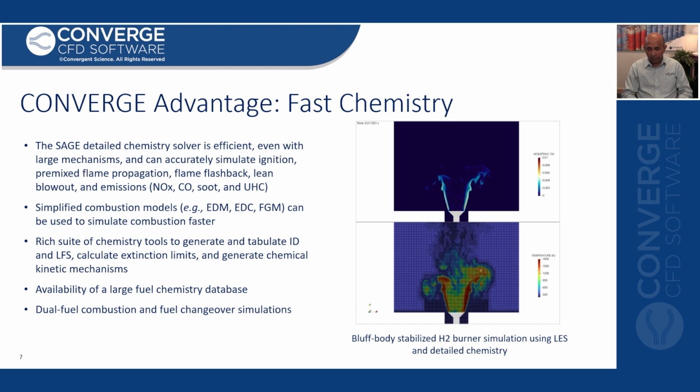On the screen, I'm showing a bluff body stabilized hydrogen burner. Hydrogen has become pretty popular in recent times. And you can see how AMR, Adaptive Mesh Refinement, detailed chemistry, and LES are used to calculate the flame shapes and the flame propagation very, very accurately.